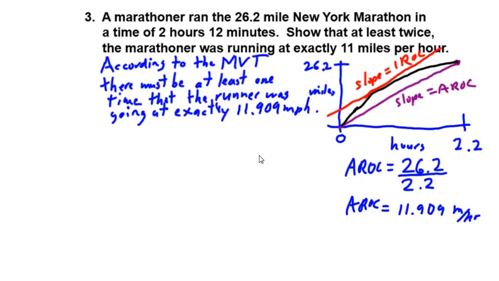Okay, so that's for the mean value theorem, because that 11.909 is the average rate of change, and so we know at least once that runner had to be traveling at exactly 11.909 miles per hour.